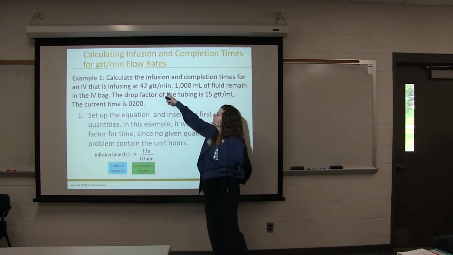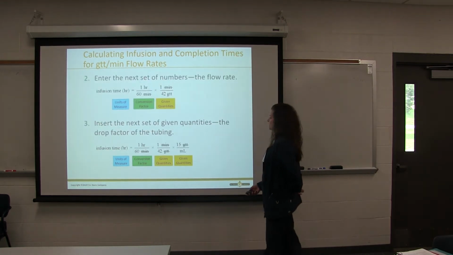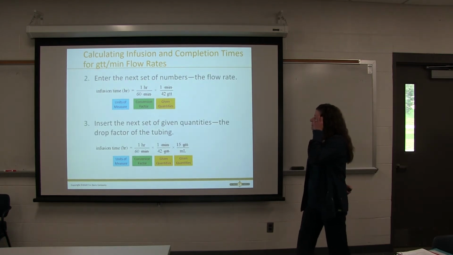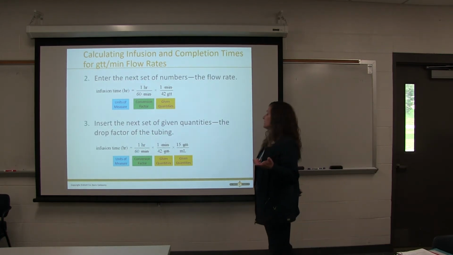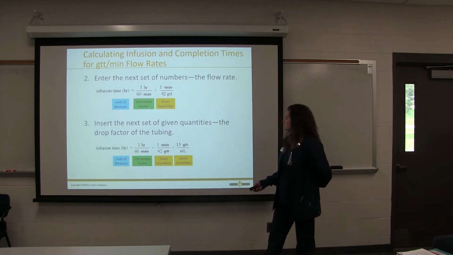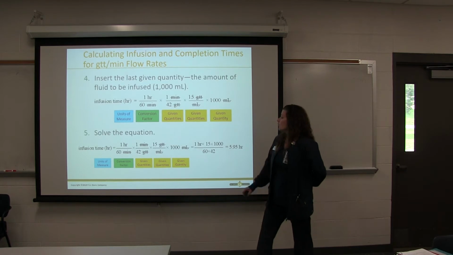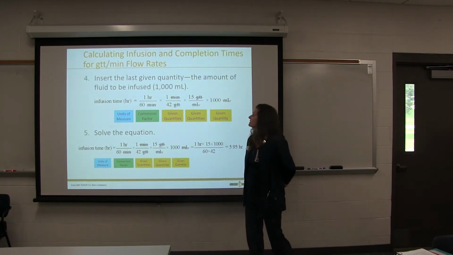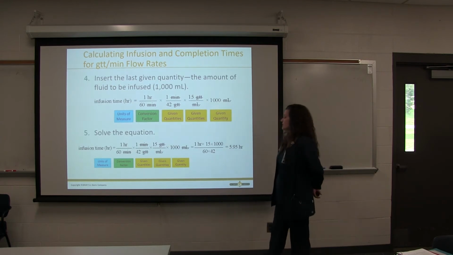Well, we know that 1 minute we have 42 drops per minute. And then we also know that there's 15 drops per milliliter. So that gives us that amount. And we had 1,000 milliliters.